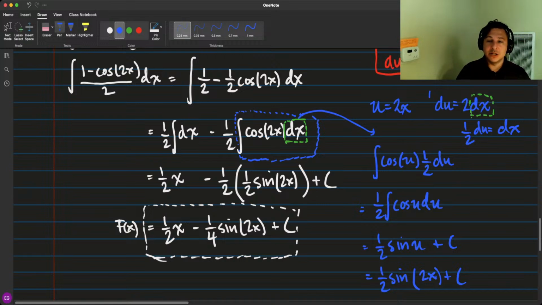So I took this equation and solved it for dx to figure out what I could replace it with. You multiply both sides by 1/2, which means I can replace dx with 1/2 du. That's why I get the 1/2 du right here. The dx was replaced with 1/2 du.